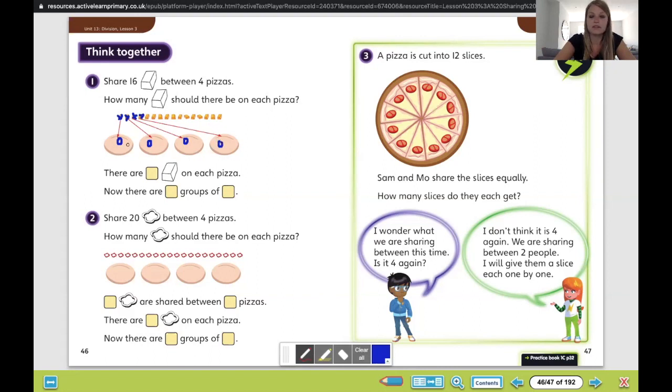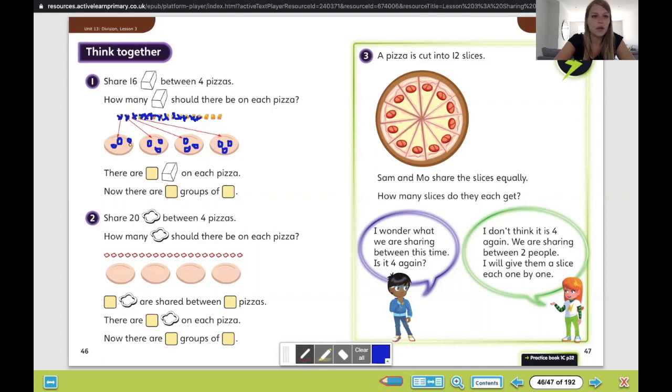And I'm going to go back to number 1 pizza. 1 for you, 1 for you, 1 for you, and 1 for you. And back to the first pizza, 1 for you, and 1 for you, and for you, and 1 for you. So far, all of the pizzas have the same amount.